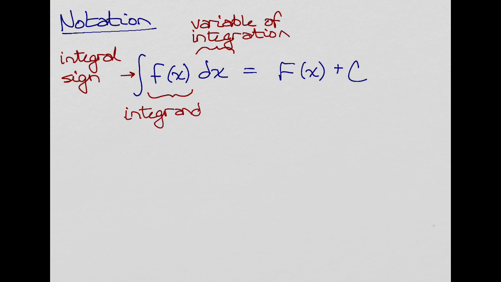The result, we've mentioned this word before, the result is the antiderivative. This plus c, we're going to call the constant of integration.